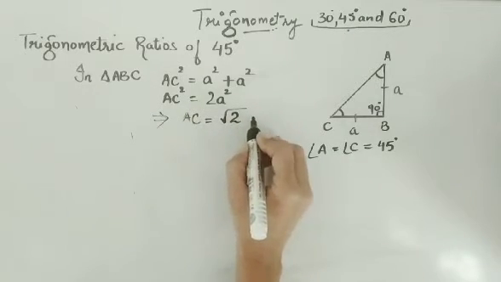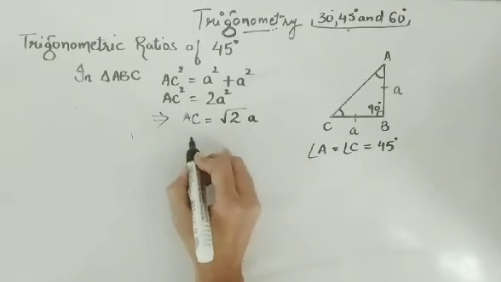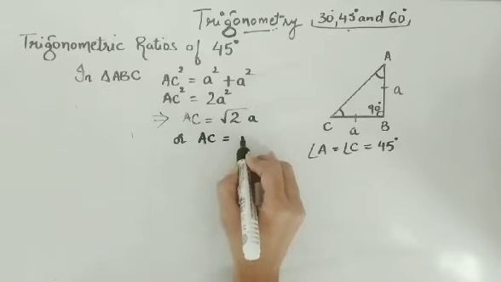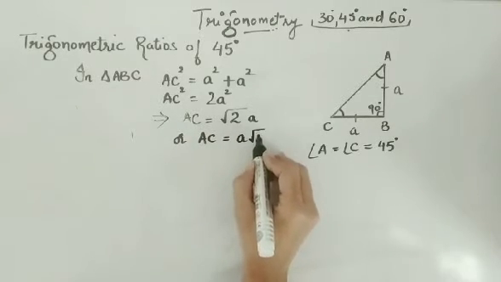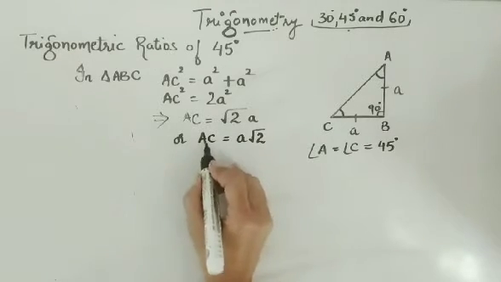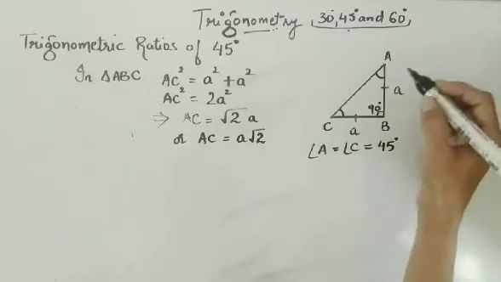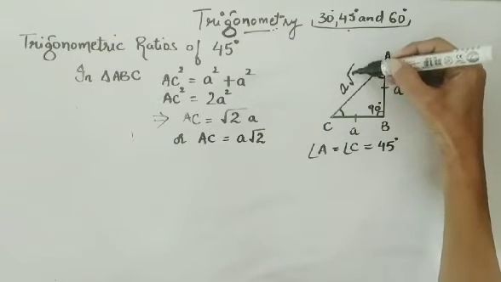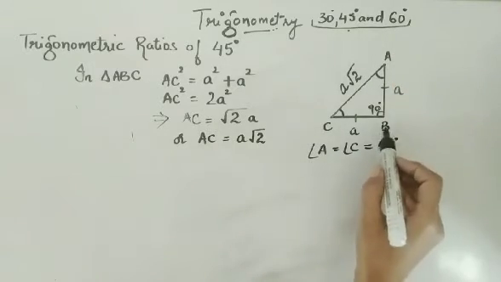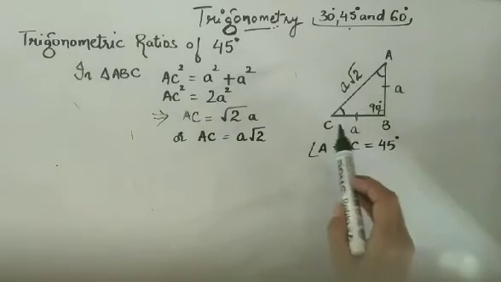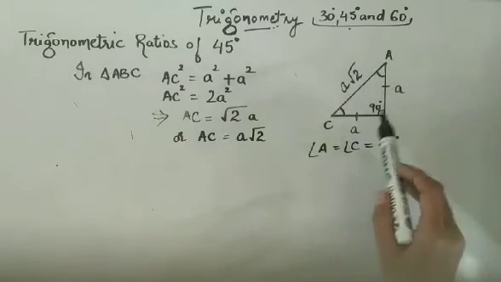Root 2 times A. Or you can just write it in this form. AC becomes A into root 2. So AC is A root 2. BC and AB are A units.